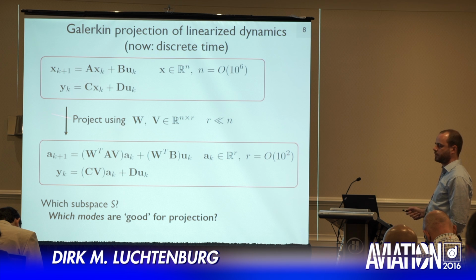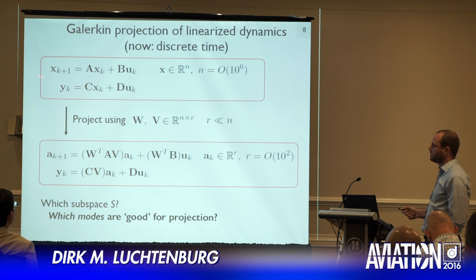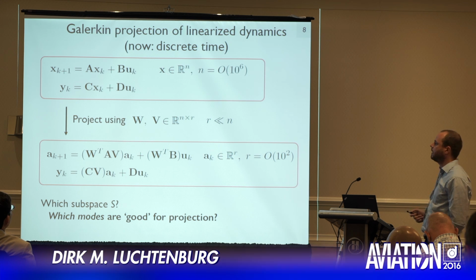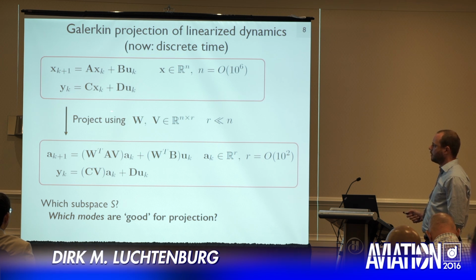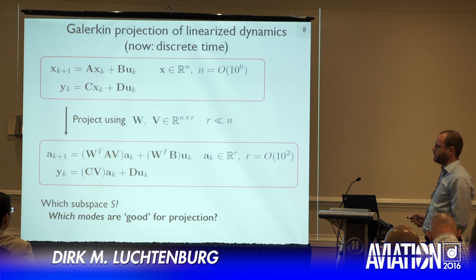And again, I'm going to illustrate quickly this projection procedure. So again, here we have our high-dimensional system. It's linearized now in discrete time. Our state is in a very high dimension, maybe of the order of 1 million. We want to produce a low-order model. So we find ourselves a set of modes, W and V, and we project our equations.